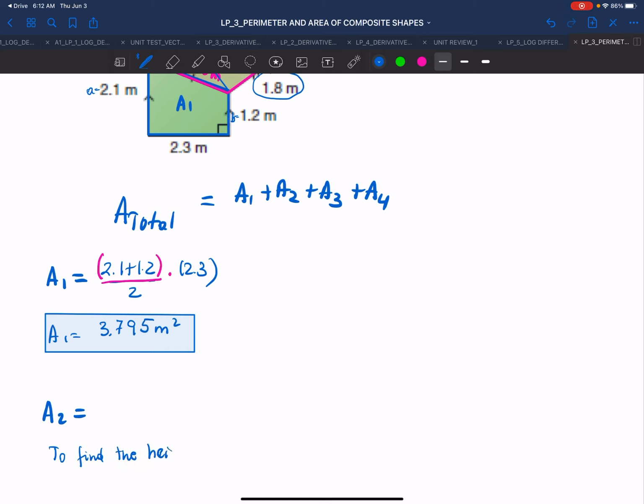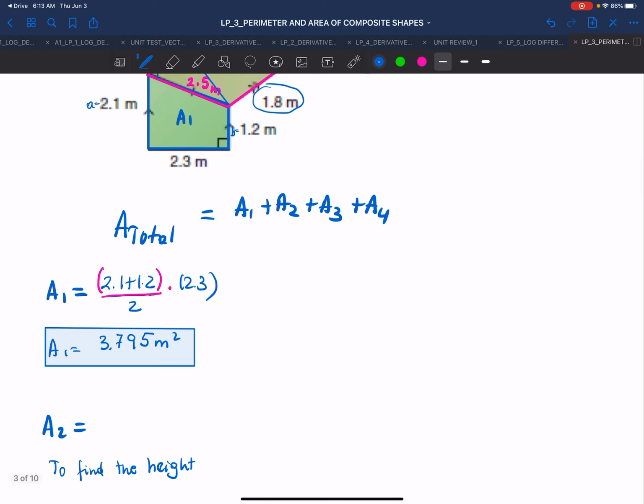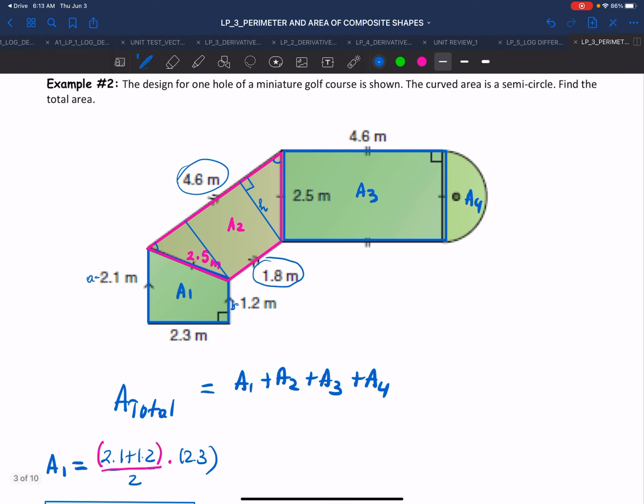So to determine the height, we're going to use that triangle. So one side is 2.5, and this side here would be 4.6 take away 1.8, and then divide by 2. And the reason why is because from 4.6, we are taking away these two lengths.